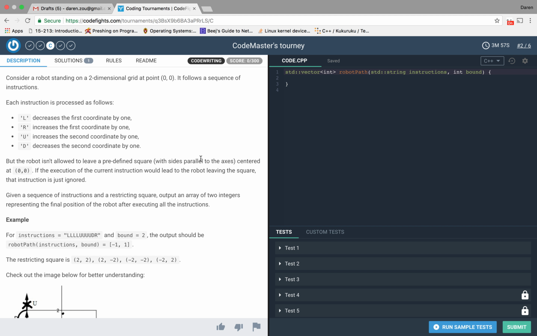Consider a robot standing on a two-dimensional grid. It follows a sequence of instructions.